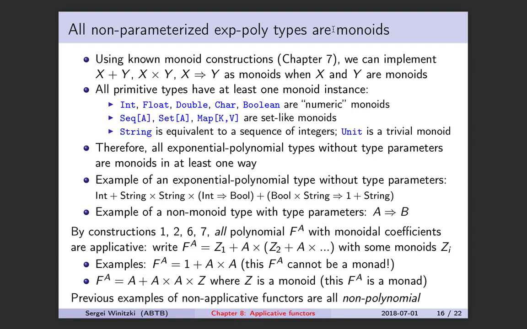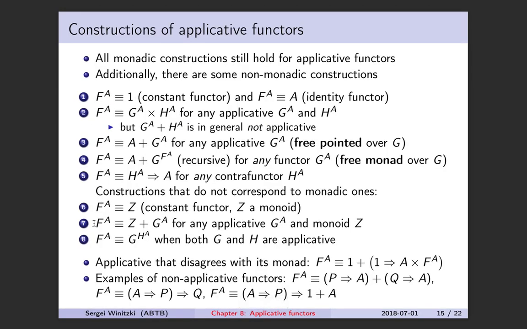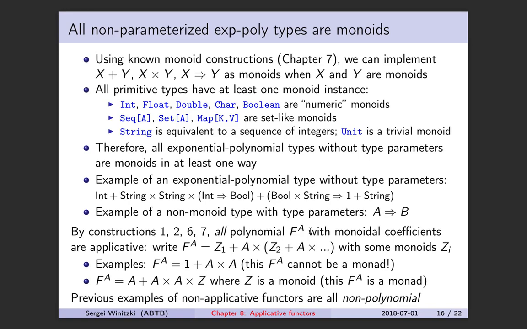A very interesting conclusion follows from it, namely that constructions 1, 2, 6, and 7 give us a way of expressing all polynomial functors with monoidal coefficients as applicative functors. Starting from monoids, we can build an applicative instance for any polynomial functor. So how to do that? The short summary of this construction is that we need to rewrite the polynomial in this form, which we always can do isomorphically.